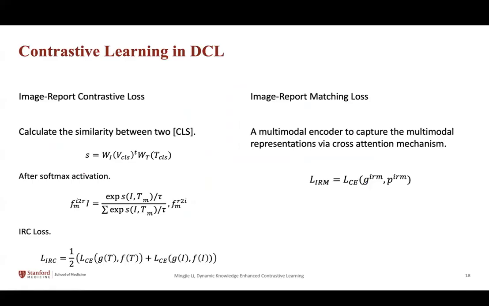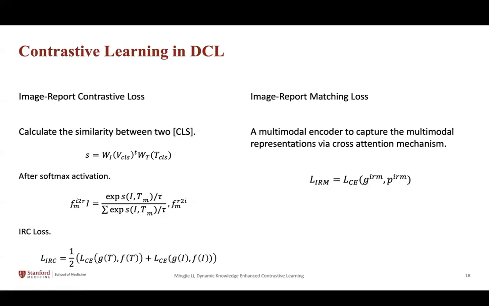It aligns radiology reporting by encouraging the positive image report pairs to have similar representations in contrast to negative pairs. A report encoder with the same architecture as the image encoder is utilized to extract textual representations of the positive or negative report.